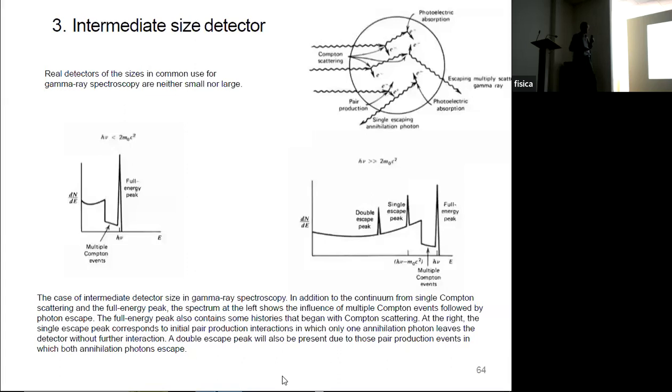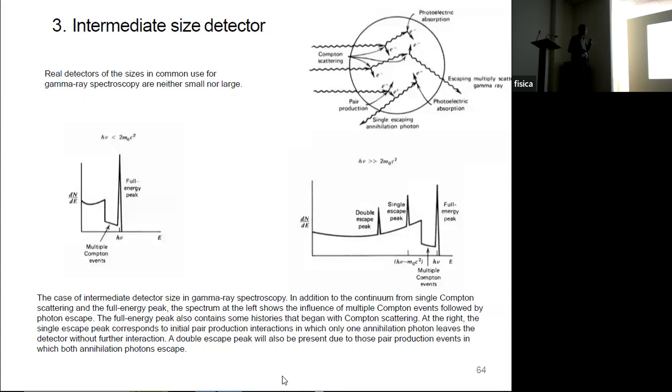And here is the full energy peak. This picture, of course, is applicable only for gamma rays with energy more than 1 MeV in order to create positron-electron pairs.